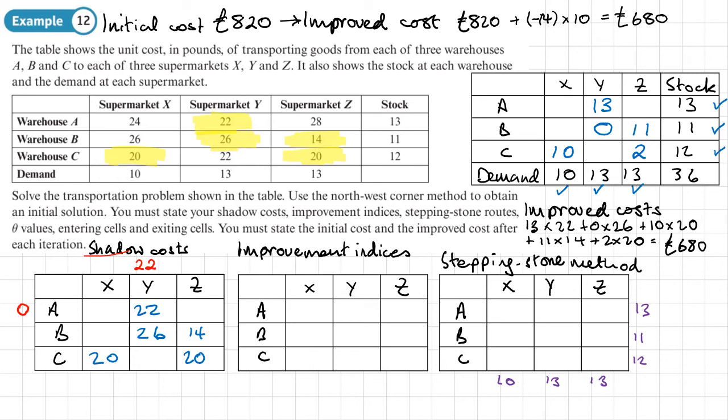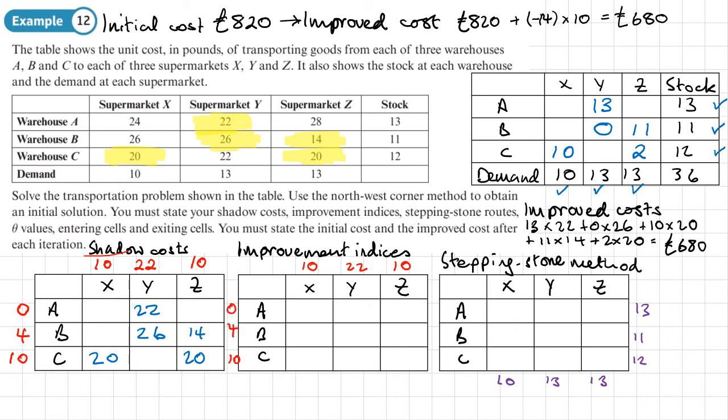Going down that column, that means that this needs to be 4, which means that this needs to be 10. And if that's 10, that means that this also needs to be 10. And also we need to put a 10 here. We just make sure that those totals agree. We'll put the shadow costs onto the next table here, and we'll work out our improvement indices.